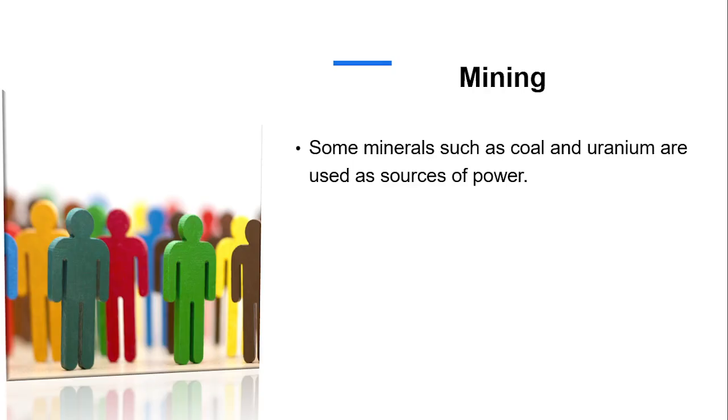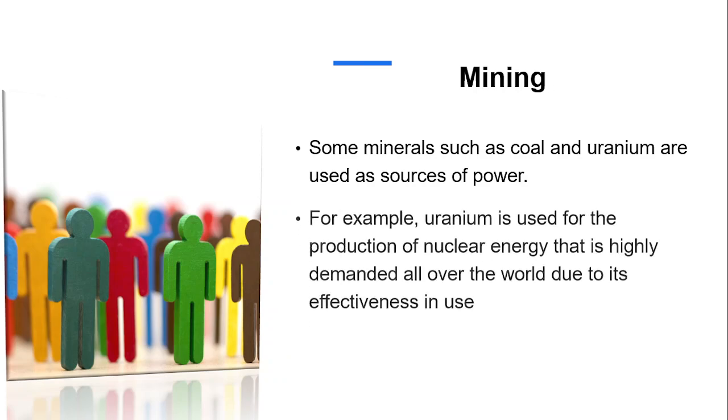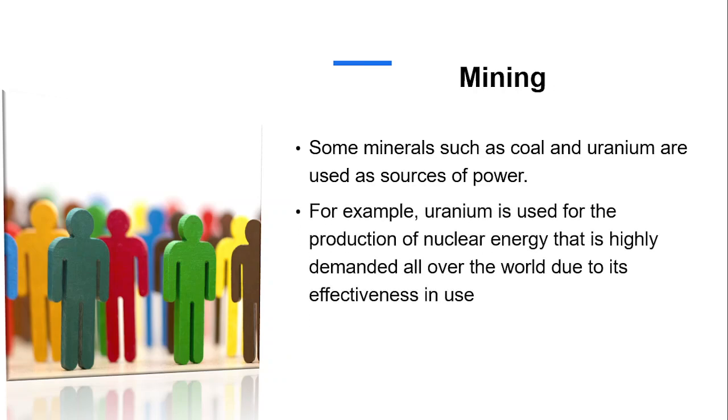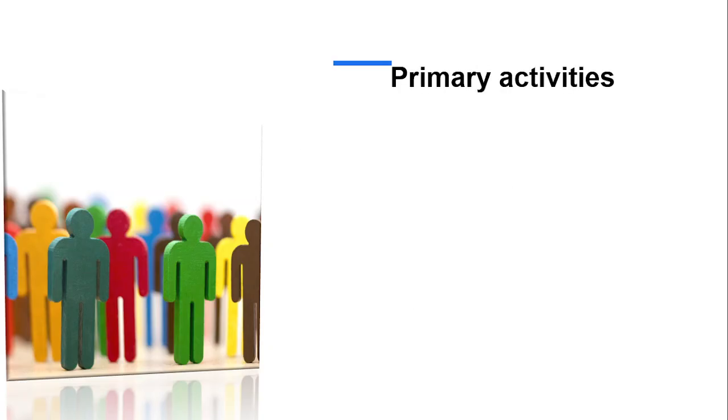Some minerals such as coal and uranium are used as sources of power. For example, uranium is used for the production of nuclear energy, which is highly demanded all over the world due to its effectiveness in use.